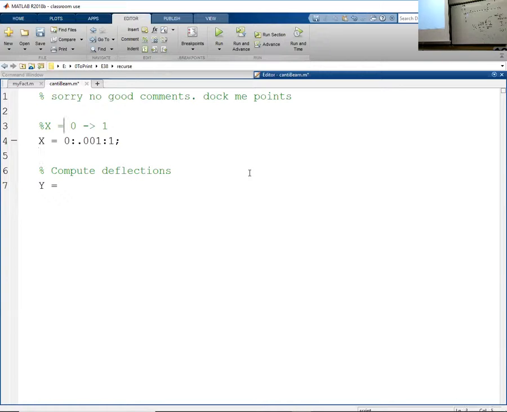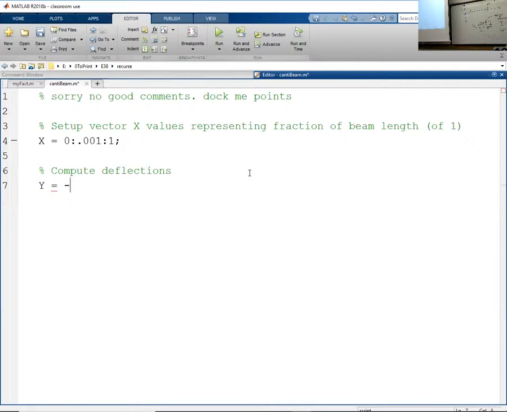Y equals... What's that last one? The 6x squared? Sorry, that's a 6. You can start with the negative.